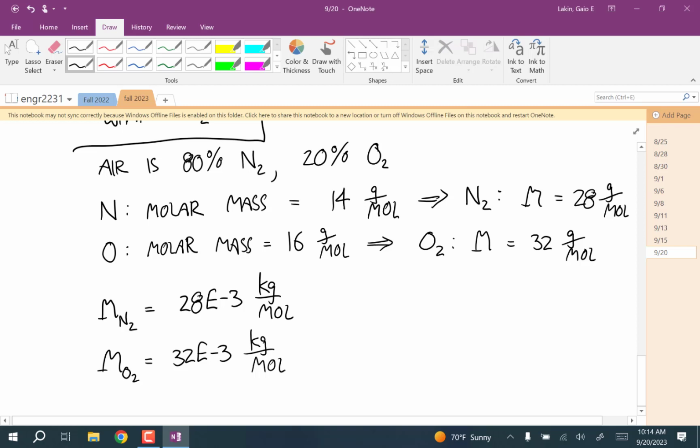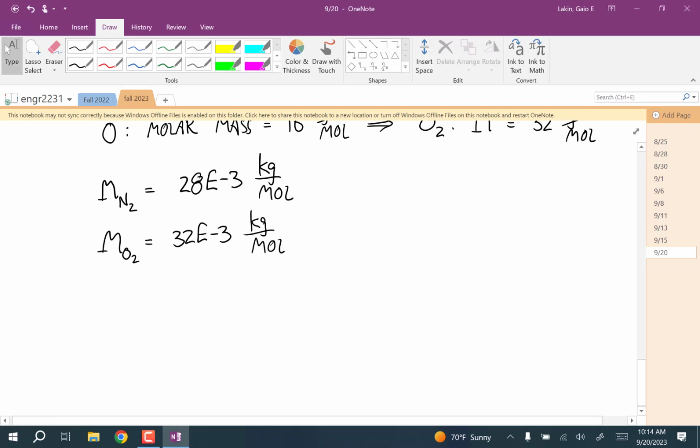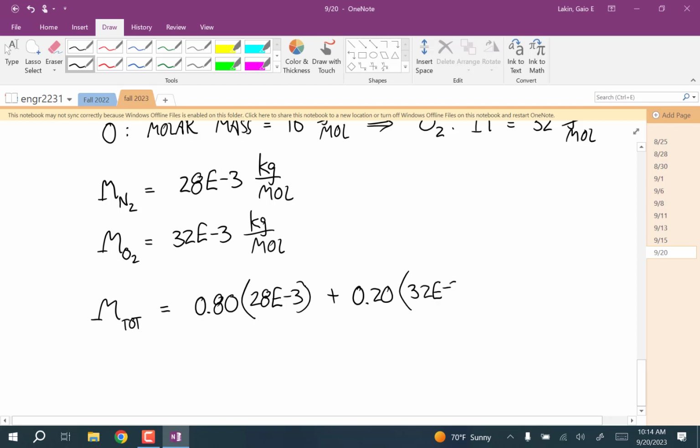Okay, well, we have 80% nitrogen, 20% oxygen. And so the total mass per mole is going to be 0.80 times 28 times 10 to the minus third plus 0.20 times 32 times 10 to the minus third.